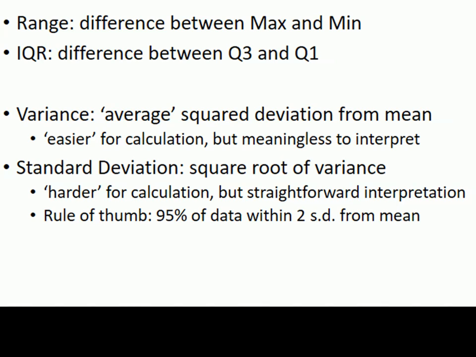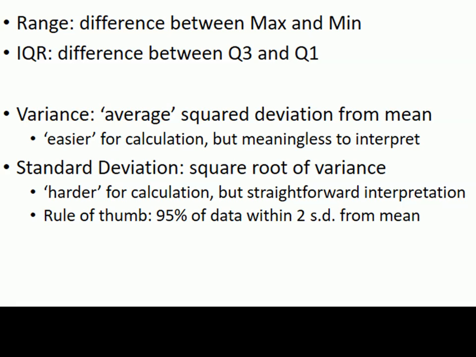The variance is a sort of average of the squared deviations from the mean. So for each number in our data set, you calculate the difference between that number and the mean of the data set. And that difference, you square it, okay?